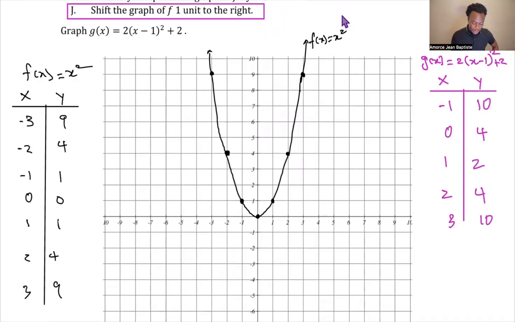I'm going to plot this. x equals -1, y equals 10. For x equals 0, we have y equals 4. For x equals 1, we have y equals 2.